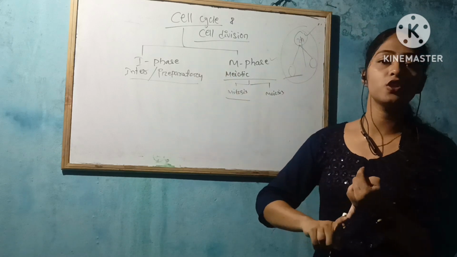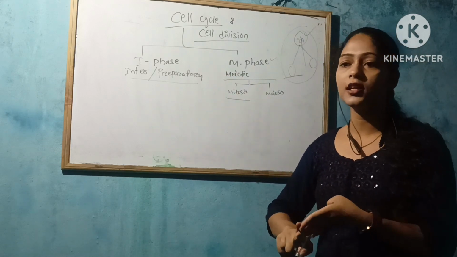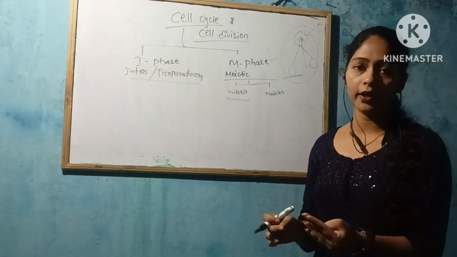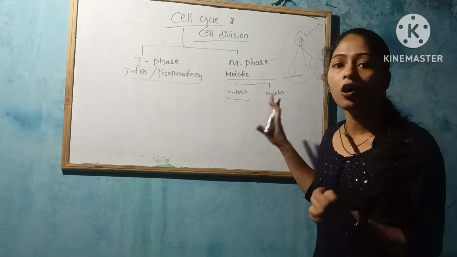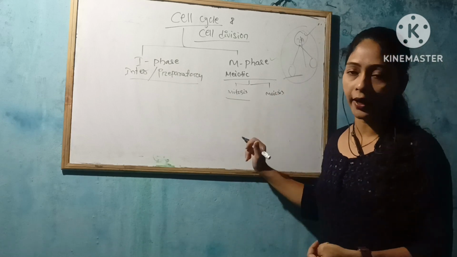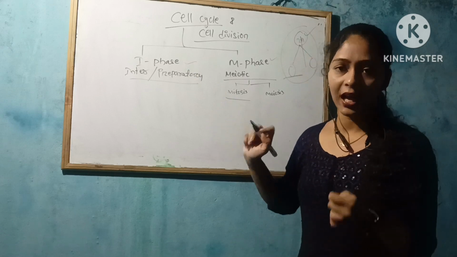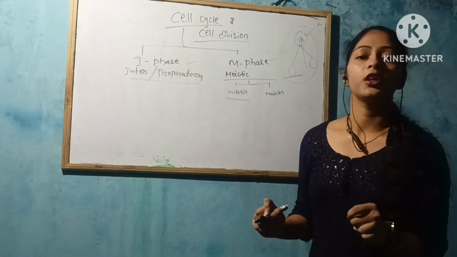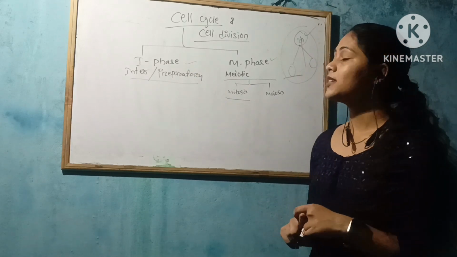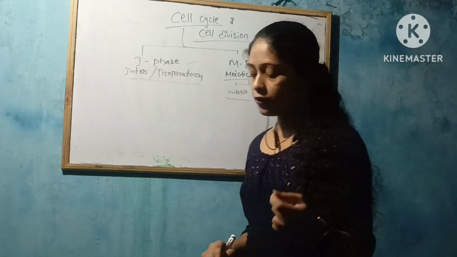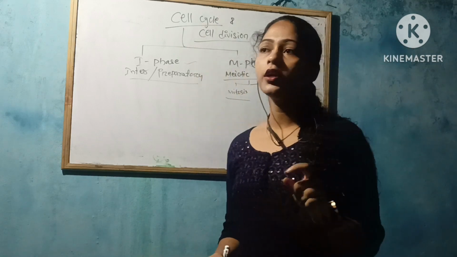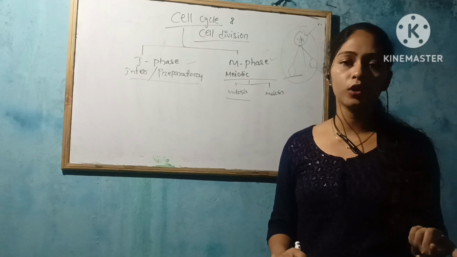The entire energy, the RNA, DNA, organelles, whatever the cell requires in the mitotic phase, all things will be prepared during this I phase. That's why it is called the preparatory phase. Then the question arises, how much time does it take? In a human cell, a cell cycle is on average a 24-hour cycle.